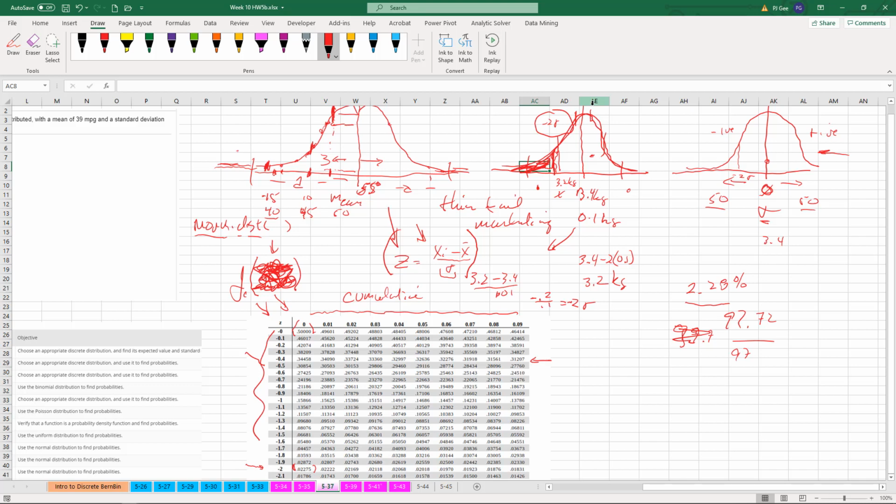Okay. Now, the thing about it in production is we usually think about things in symmetry here. We said, listen, the customer is usually going to take plus or minus. It's usually symmetric. They're going to reject anything less than minus 2 sigma, or they're going to reject anything that's more than 2 sigma above the mean. Too heavy could mean that there might have been an internal vacuum space that got filled accidentally.